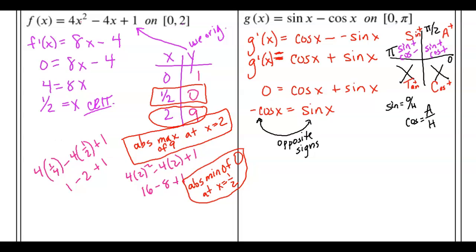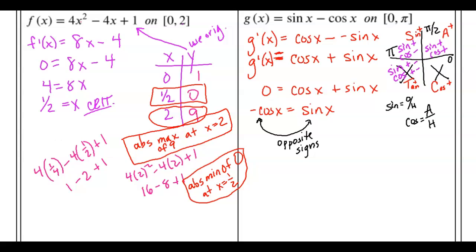Just in case our domain would be from 0 to 2 pi, let's go over this. So tangent is positive. So tangent, you have to remember, is sine over cosine. So if it's positive, it means that they're both positive, except sine is the y value and cosine is the x value. So it's either they're both positive or they're both negative.